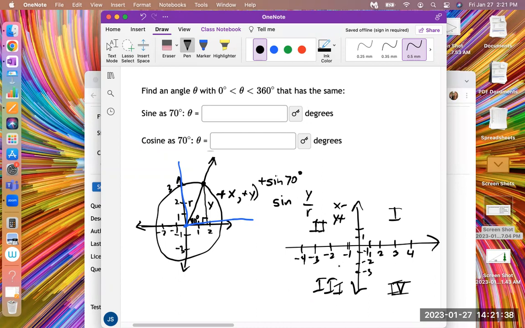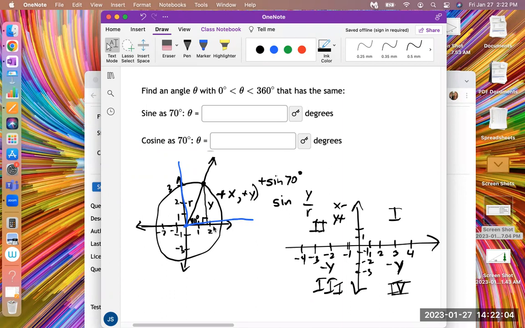Notice how in the third and fourth quadrants, all your y coordinates would be negative because you're below the x-axis there. So it's only the second quadrant where we can draw this triangle and possibly have exactly the same sine as sine 70, if we have the same 70-degree triangle coming off the x-axis.